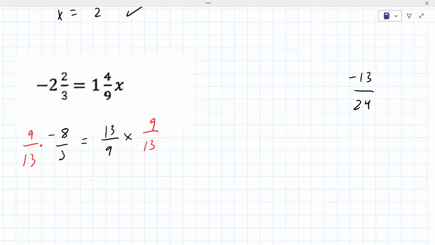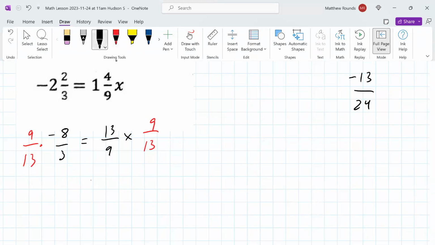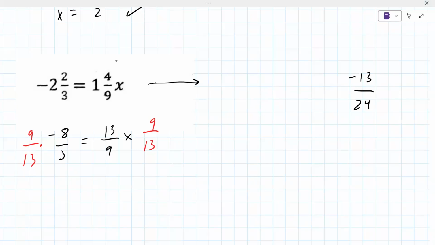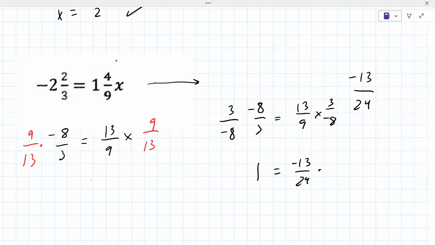Right. That's not wrong, it's just going in the wrong direction. What you did is fine. The thing is that your variable is still on the right. When you multiply by 3 over -8 on the left, you just get 1 equals minus 13 over 24 times x.